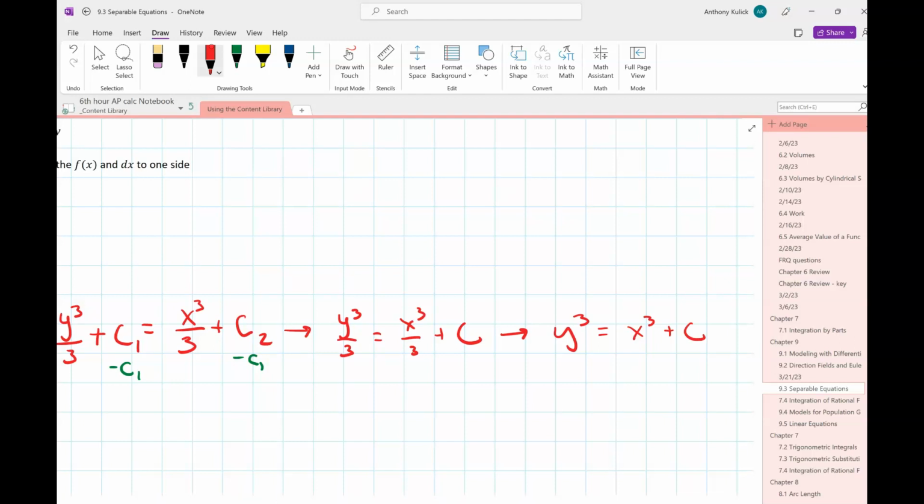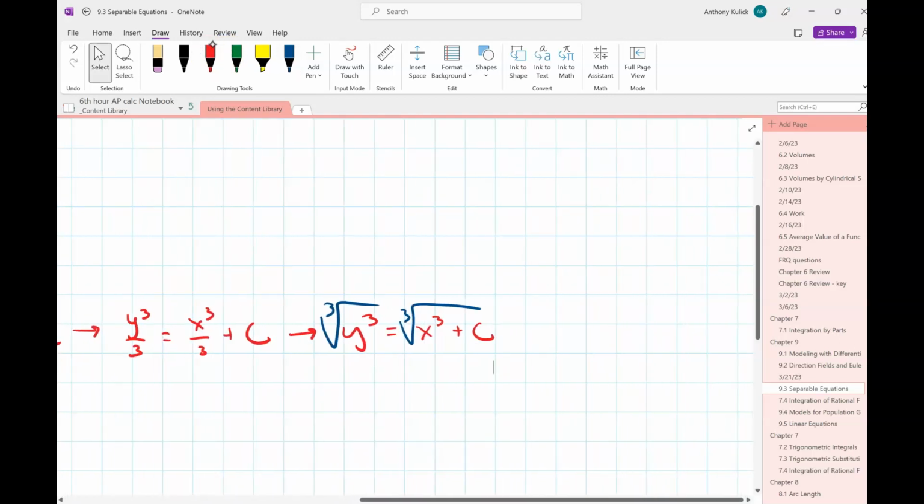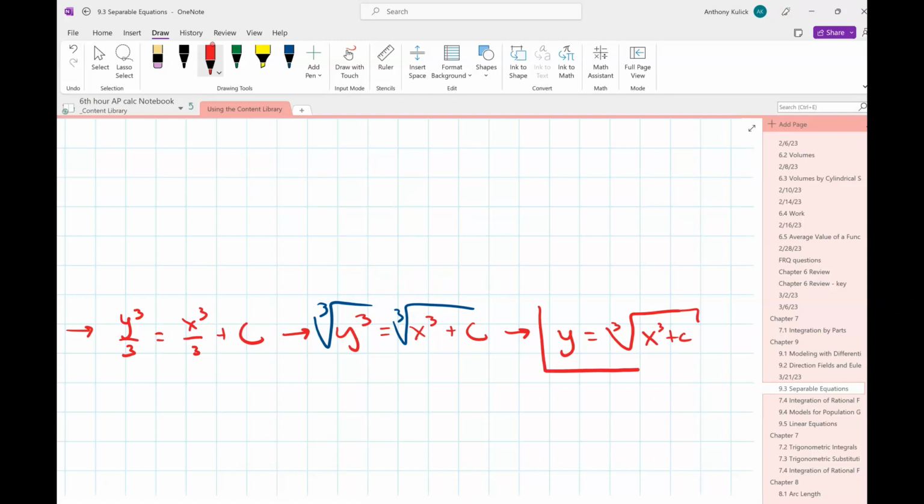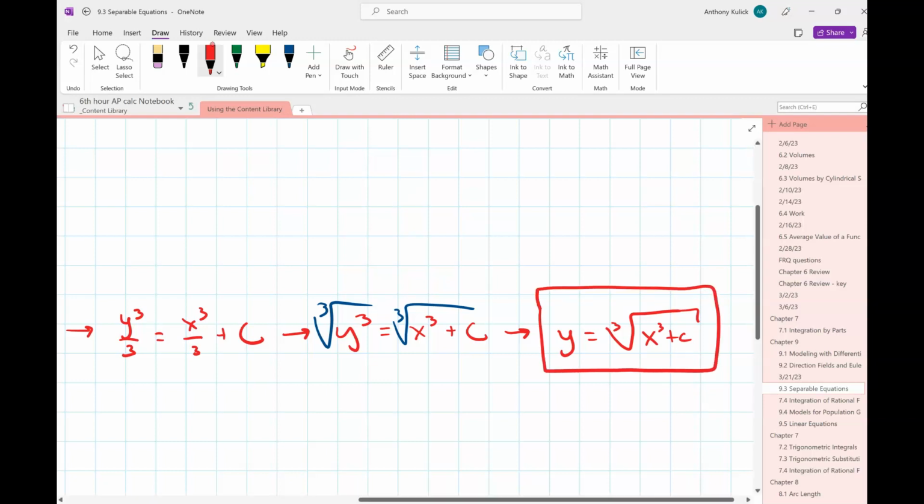Everybody's okay with that? And then we'll cube root both sides. And this will probably be the form of the answer in the back of the book, something like that.